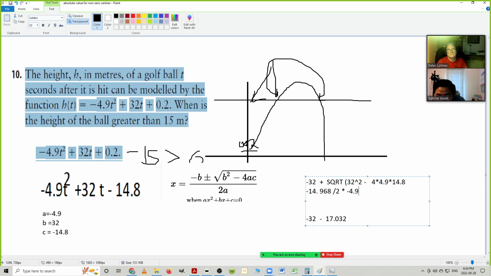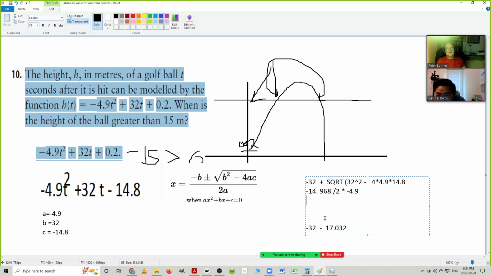It shouldn't be negative, but I'll just change it. 2 times negative 4.9 is negative, and you've got a negative numerator, so that's positive. I accidentally put in times. Oh, I deleted it. You're going to have to do it again: negative 14.968 divided by 2 times negative 4.9.